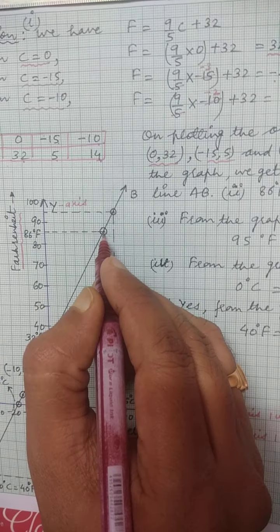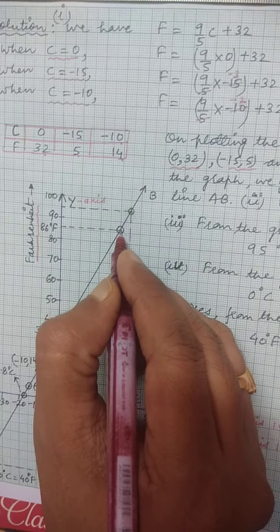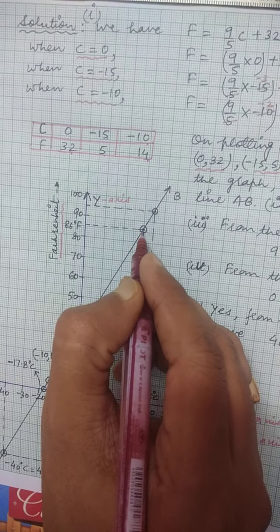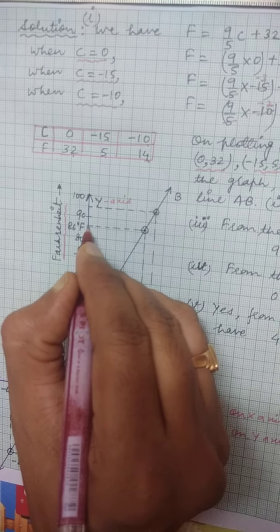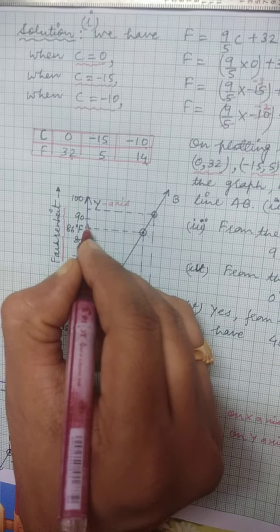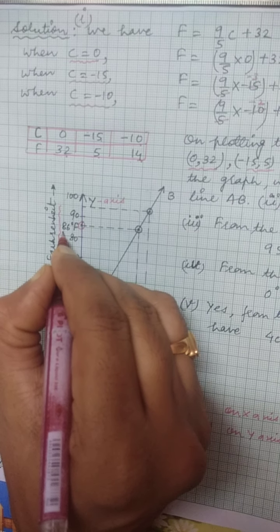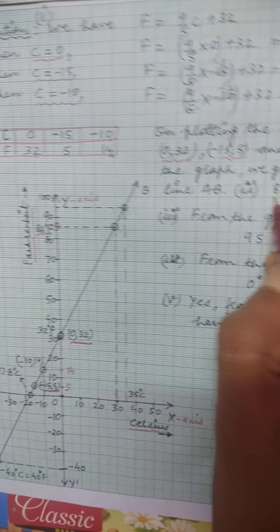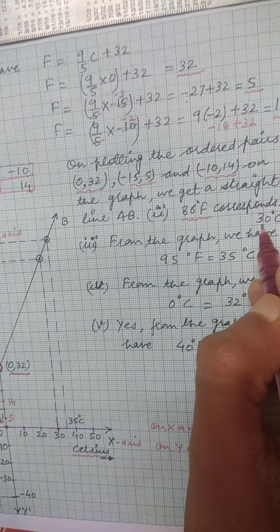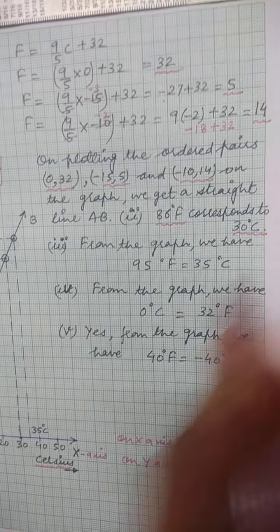It will intersect this line AB at this point, and we will go perpendicular to the Y axis, and then we will get here the coordinate as 86 degrees Fahrenheit. So we will get 86 Fahrenheit corresponding to 30 degrees Celsius.